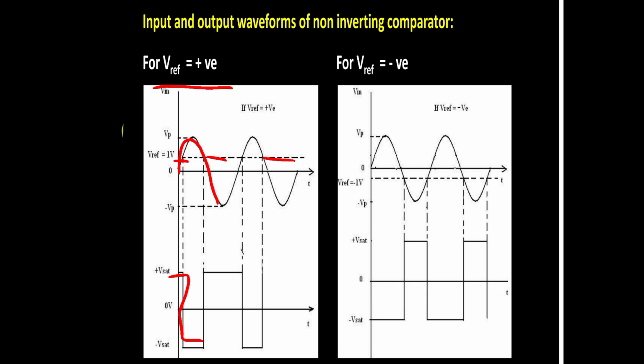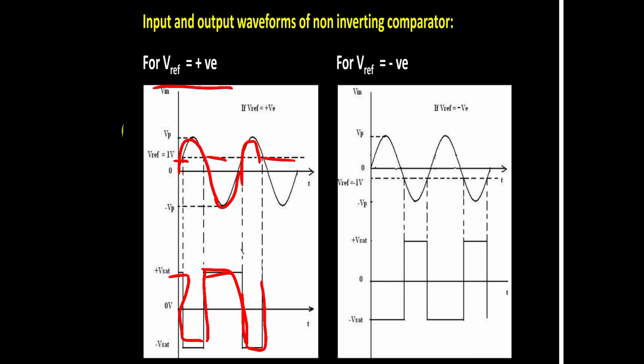If the input is less than the reference voltage, then the output is plus saturation. If the input is again greater than the reference voltage, then the output will become minus saturation. Likewise, the output of the comparator varies according to the input.